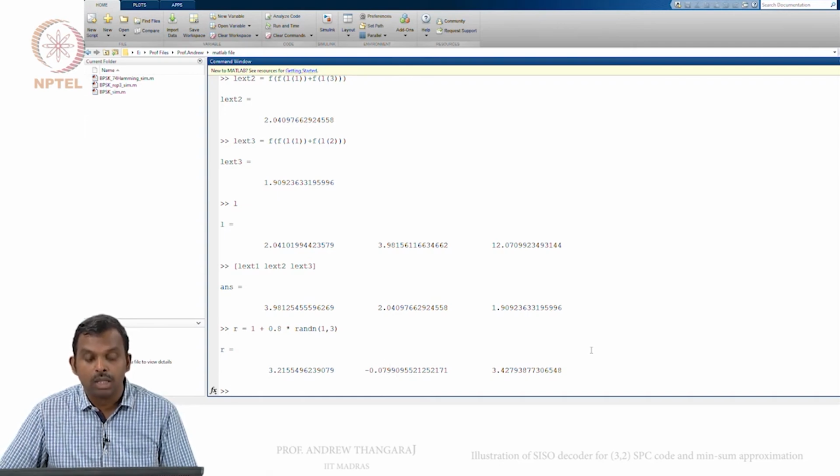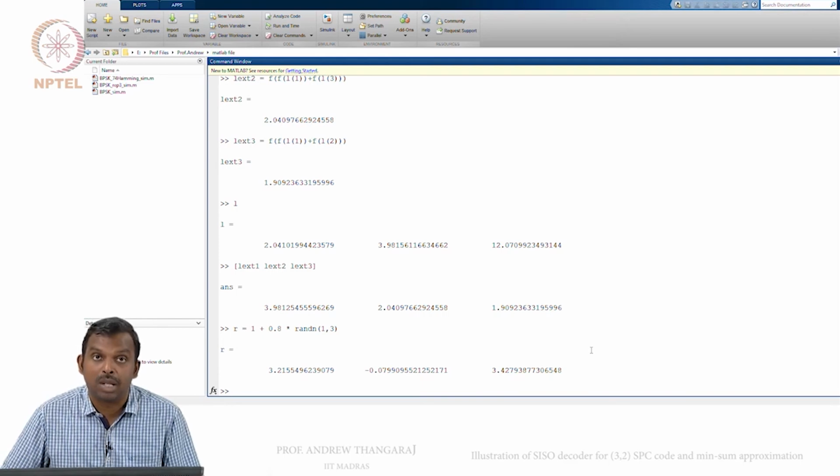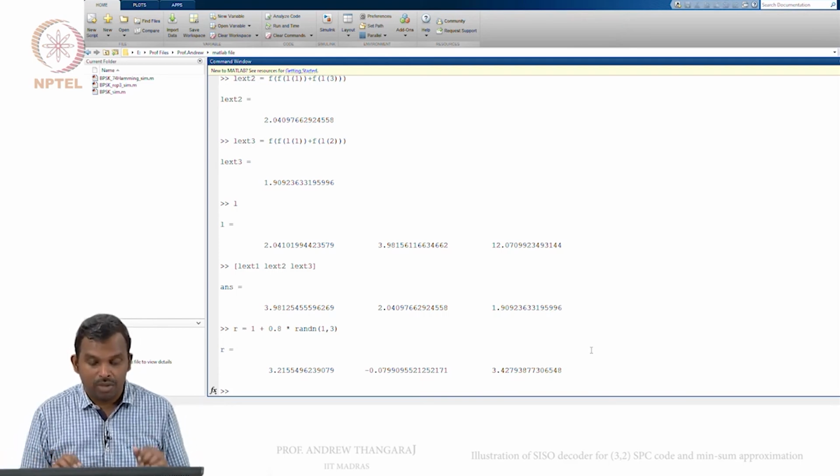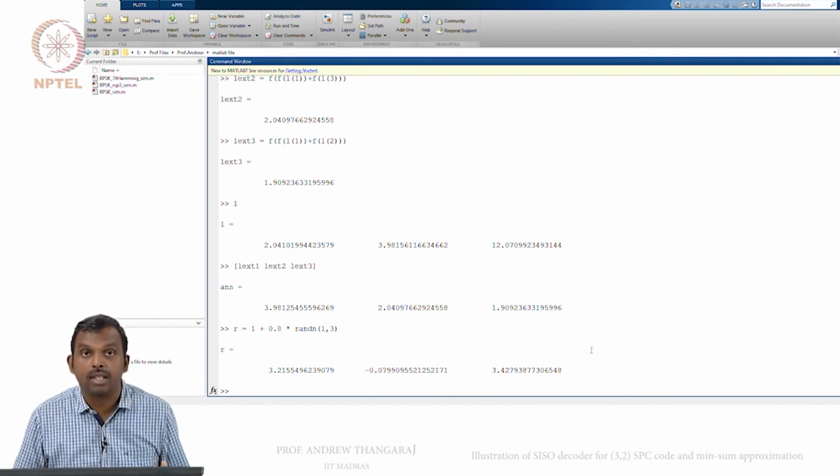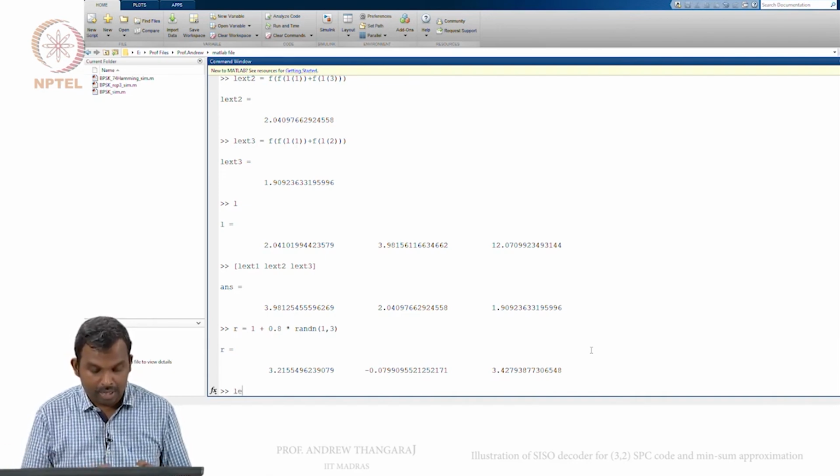Now, let us see how this capital L1, capital L2, capital L3 calculation goes, and we will use the min sum approximation. So, you need three values here, and remember once again the sign also matters. Okay. The sign matters as well.